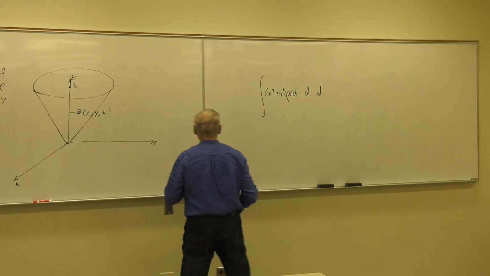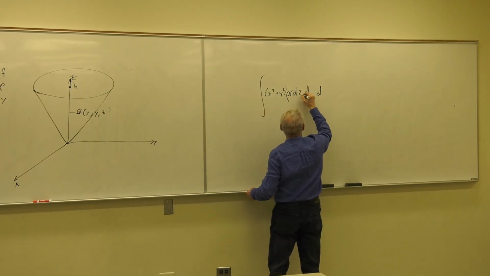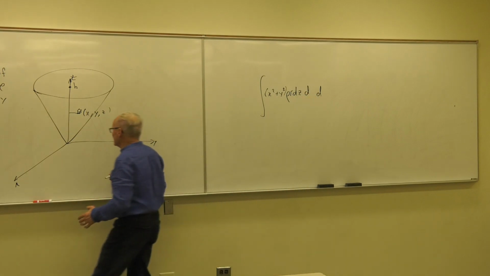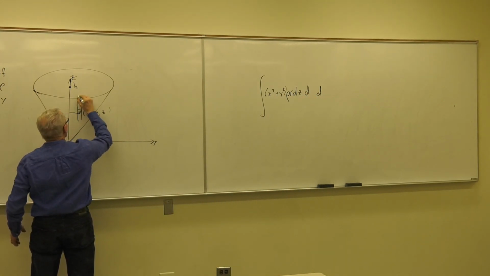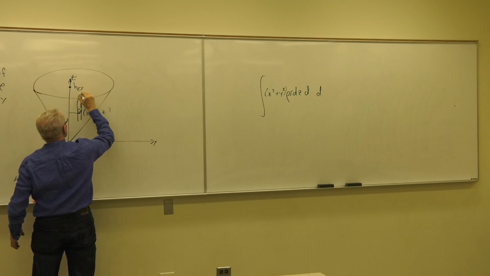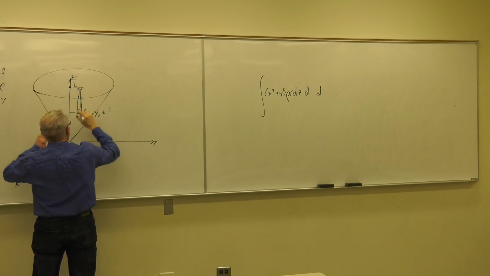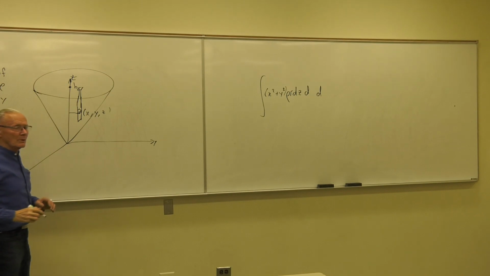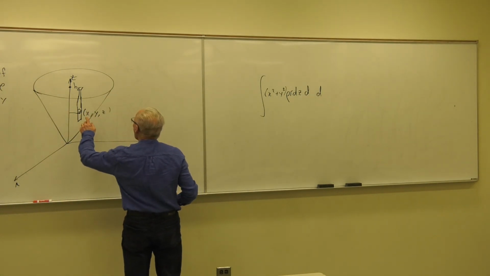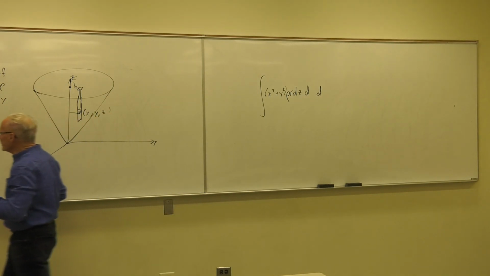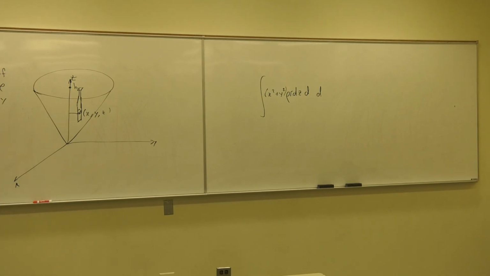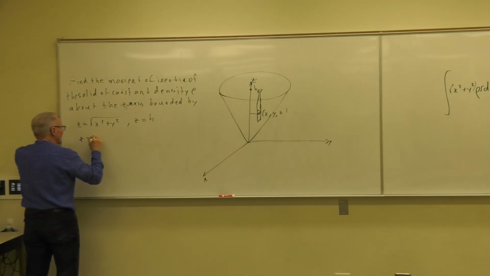If we integrate with respect to z first, and I would, then we're making columns in the z direction. So columns in the z direction, they go up there and they come down and they hit. Where do they all start? On the cone. I need the cone in cylindricals. That's z equals r.